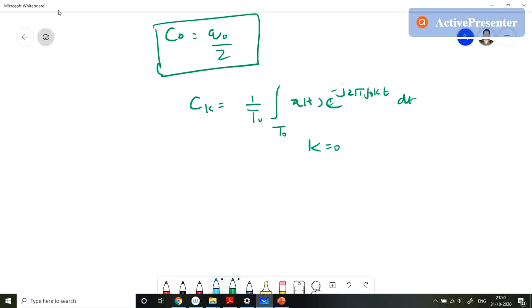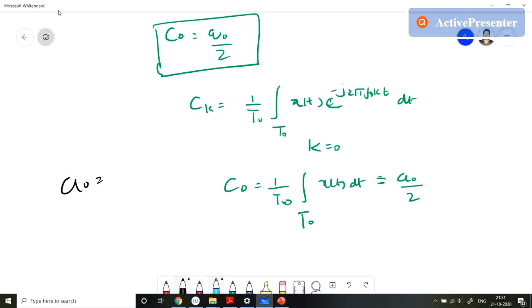Now putting k = 0, we get c0 = 1/T0 times the integral of x(t) dt. Now we can see that it is nothing but a0 divided by 2, because a0 = 2/T0 times the integral of x(t) dt.